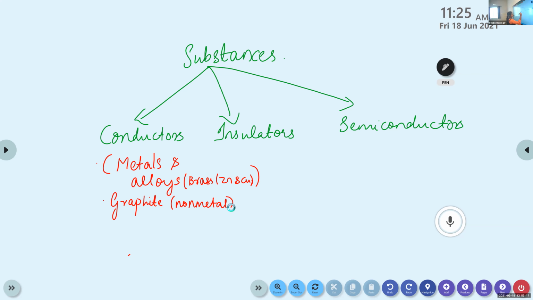Then in the case of insulators, you can write glass, then ceramics, etc. Then do you remember which are the semiconductors?